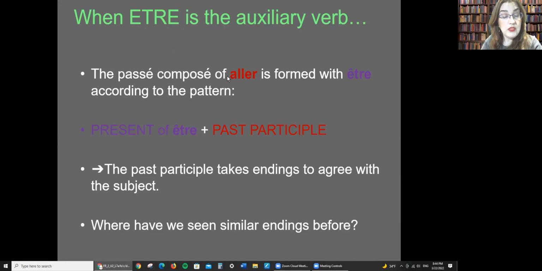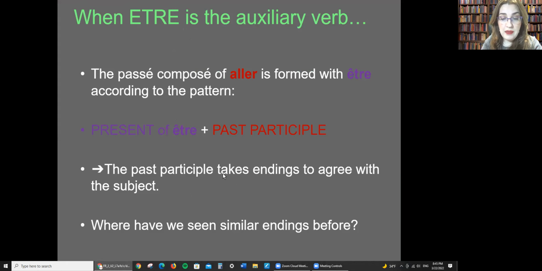The passé composé of aller is formed with être according to this pattern. So the verb aller is conjugated with être, not like what we've been learning so far. It's not avoir, it's with être in the passé composé according to this pattern. Present of être plus past participle.